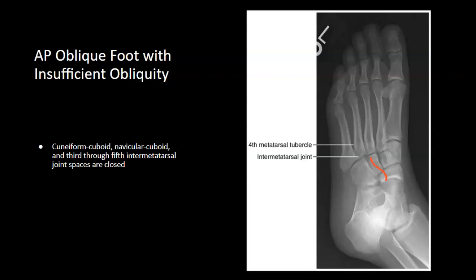So these joint spaces here and the joint spaces right here, and right here, okay, will all be demonstrated as closed. And that is when you're insufficiently obliqued.